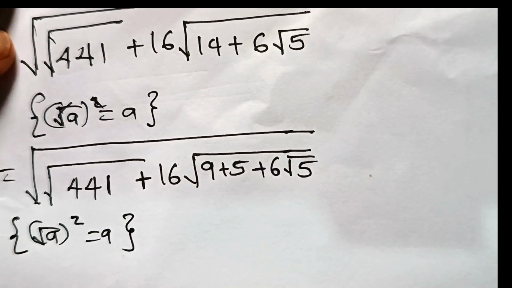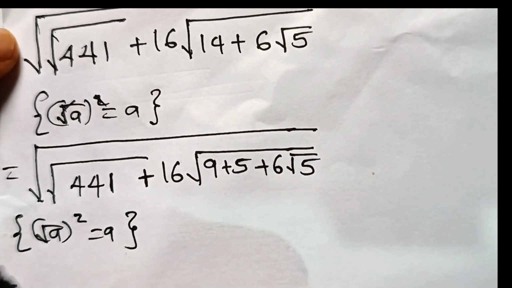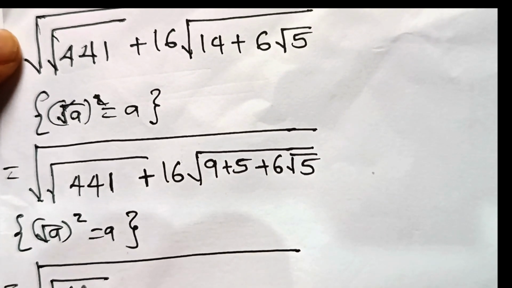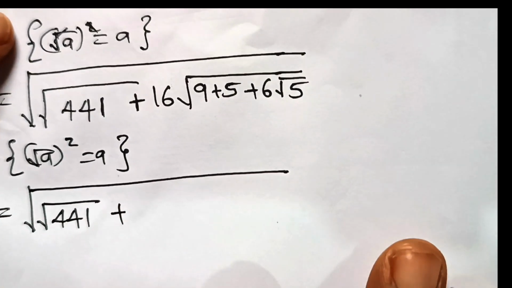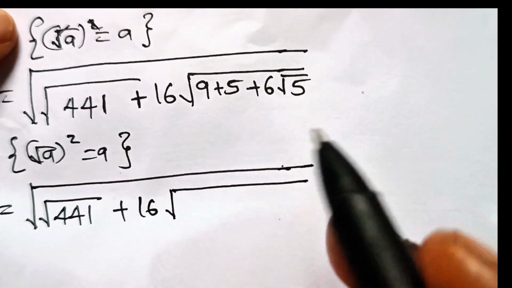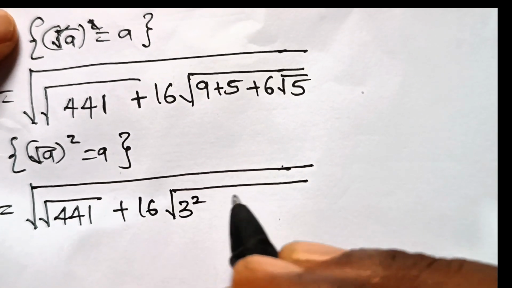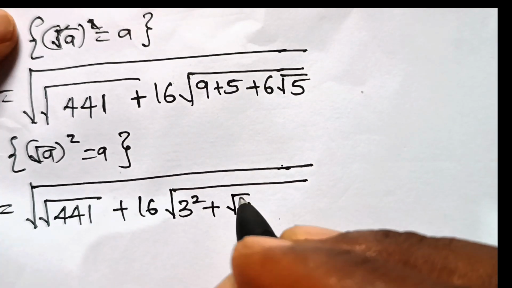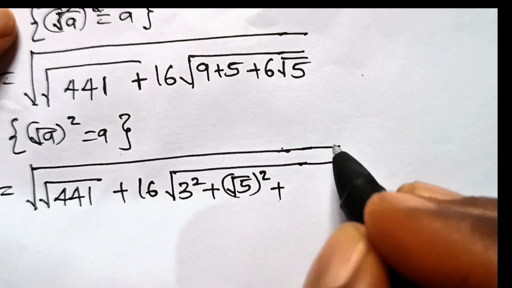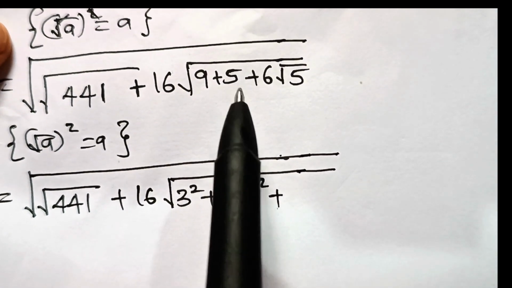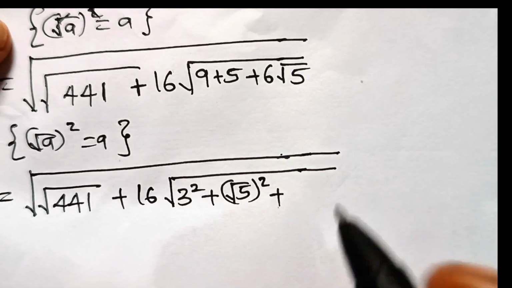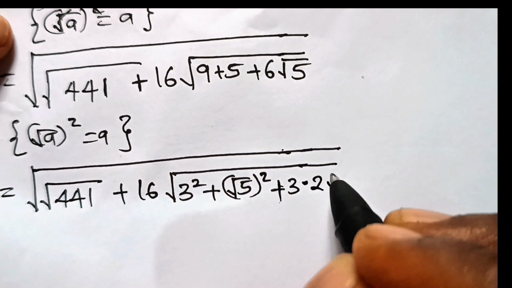That means that we can write this to be equal to the square root of 441 plus 16 square root of, now 9 is 3 squared, and we can write 5 as square root of 5 squared, plus, now if you look at 6 here, is there anything we can do to this 6 to get 3? Yes, 6 is the same thing as 3 times 2, so we can write 3 multiplied by 2, then root 5.